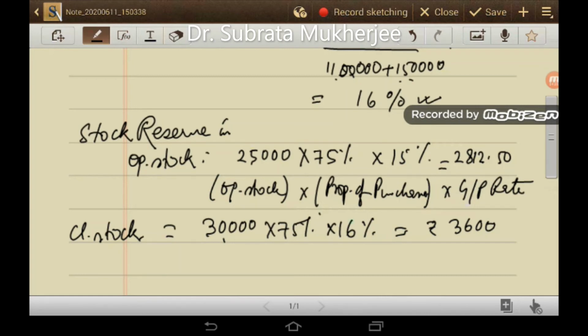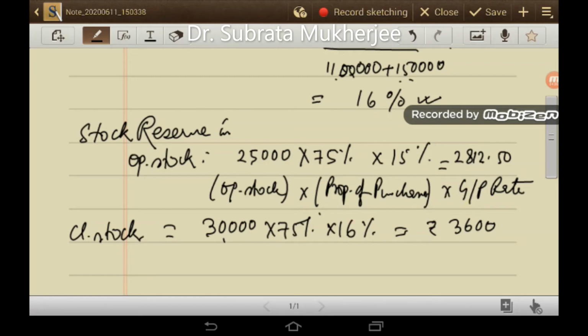So 25,000 into 75% into 15%. So 15% is the GP rate for the last year, which is given at 15%. So 2,812.50 is the stock reserve that is there in your opening stock.